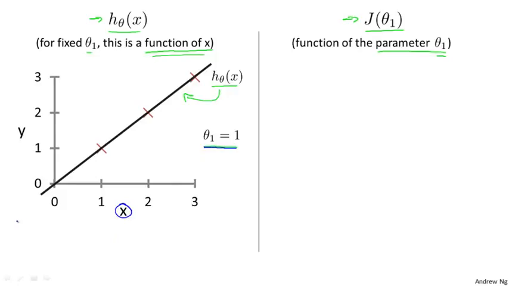What I want to do is figure out what j of theta 1 is when theta 1 equals 1. So let's go ahead and compute what the cost function is for the value 1.